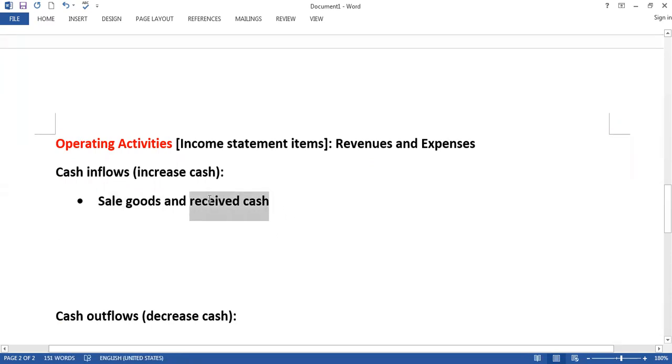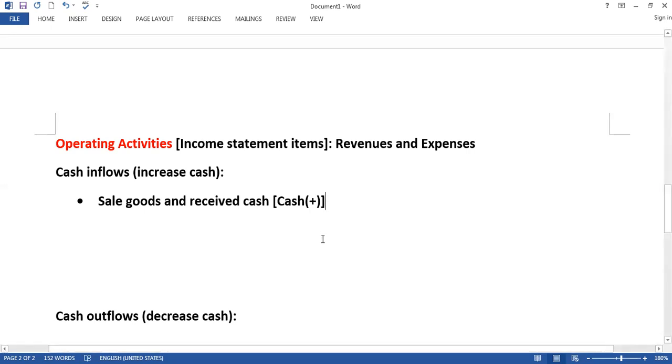If you receive cash immediately, it is called cash inflows, right? Cash inflows. That means cash account, cash is going to increase. Cash is going to increase, right?